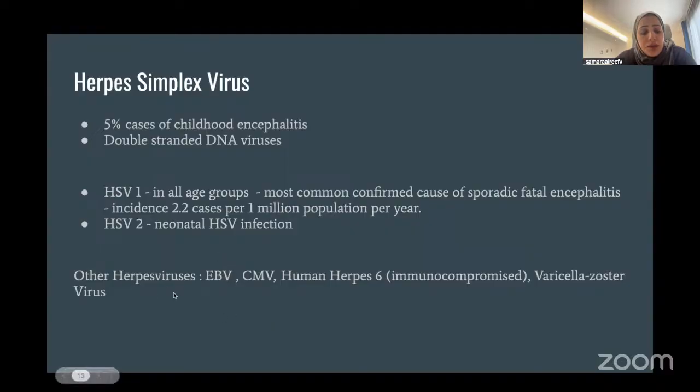Other herpes viruses, including Epstein-Barr, CMV, and human herpesvirus, are more common in the immune-compromised. And then we have varicella.